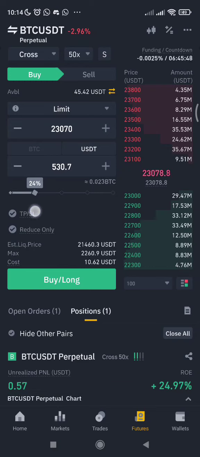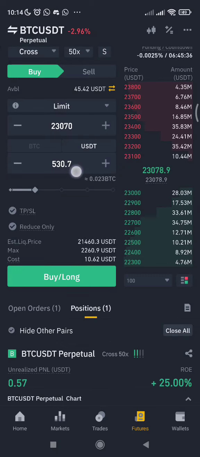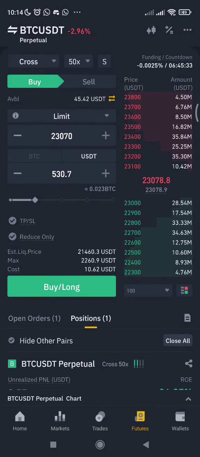Let me use 10 USD plus 6 USD, and multiply it by 50x. You can see it here now, 530 USD. That's the amount of position it will open based on your leverage. That's what futures is all about. It gives you leverage to multiply your initial capital, unlike spot trading.